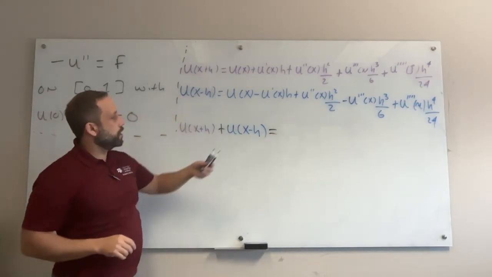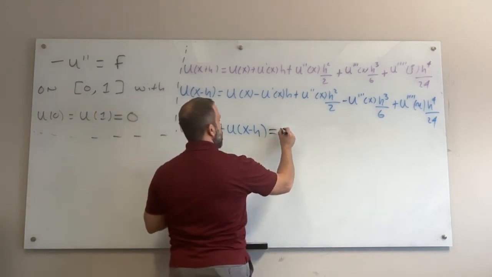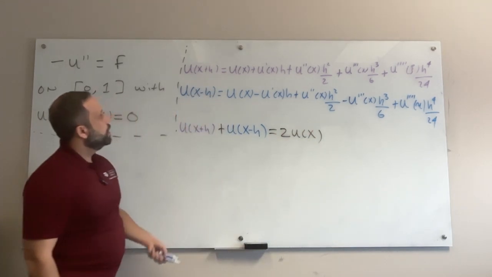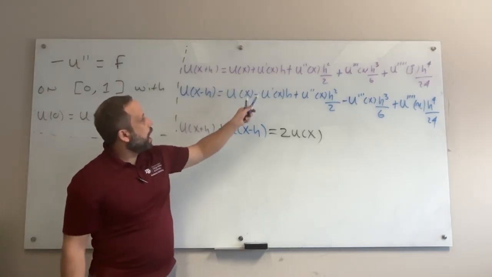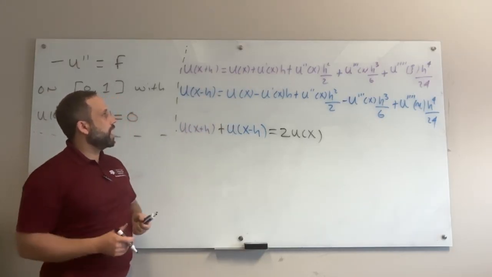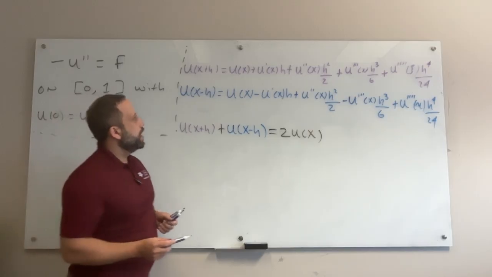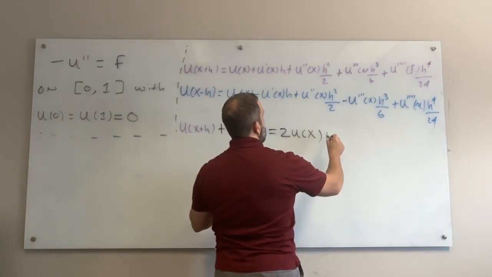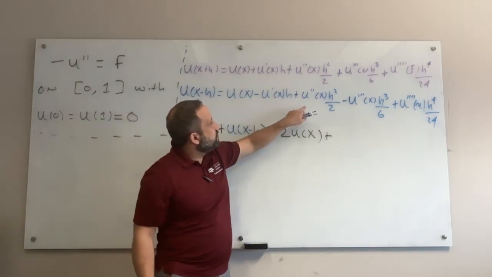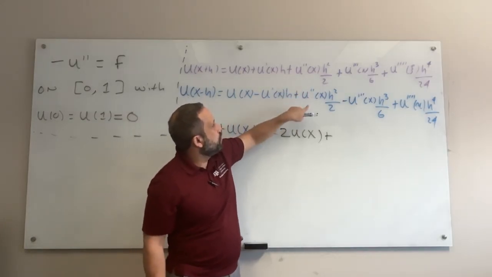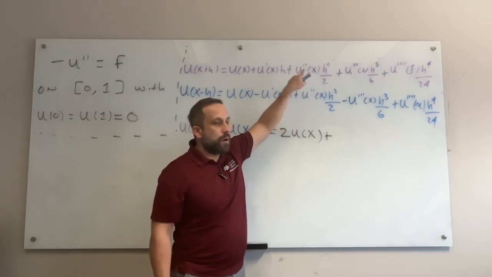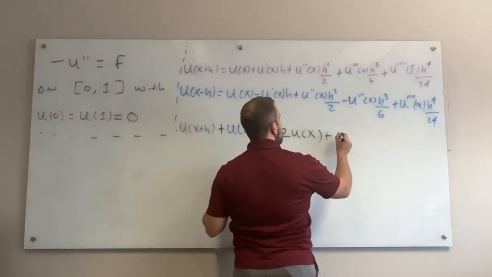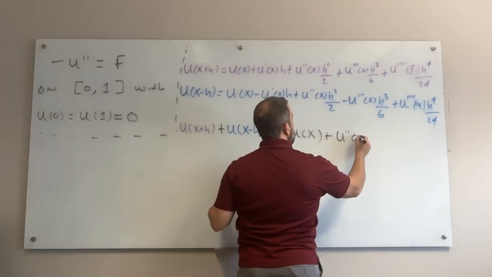Well, u of x plus u of x is going to give 2u of x. Okay, u prime of x times minus u prime of x, those cancel out to be equal to 0. Then we're going to have the sum of these two together. These are the same term, right? There's an over 2, but we're adding them. So it's 2 times over 2, and so this gives us u double prime of x times h squared.